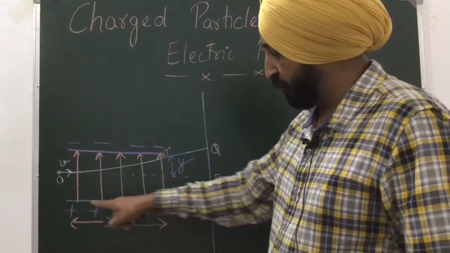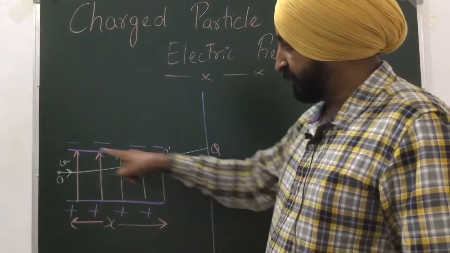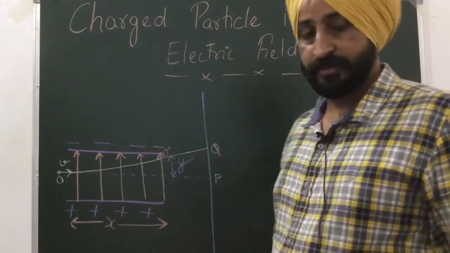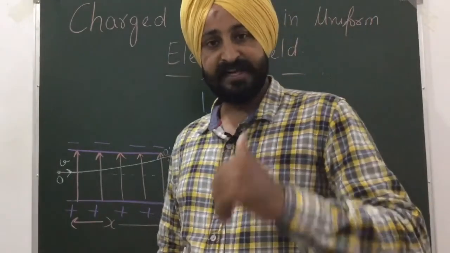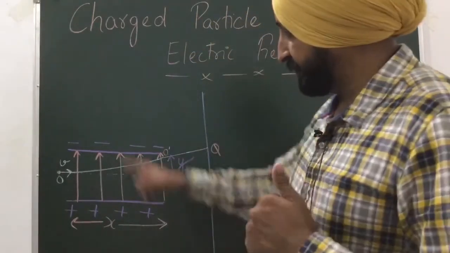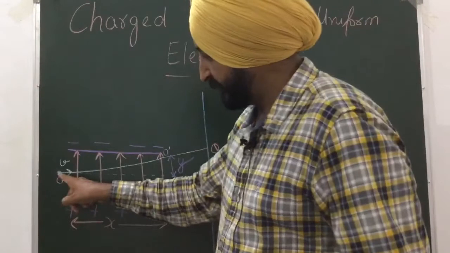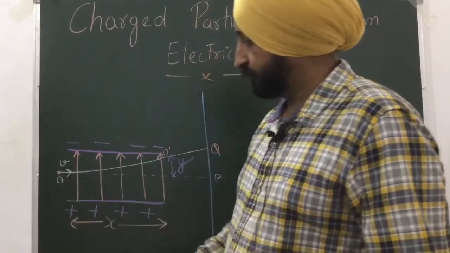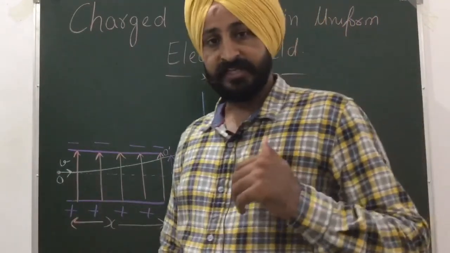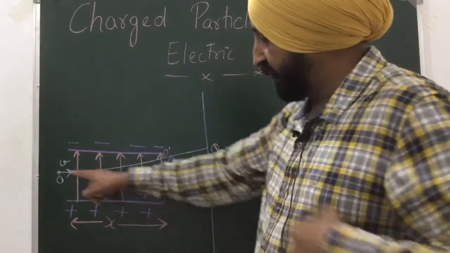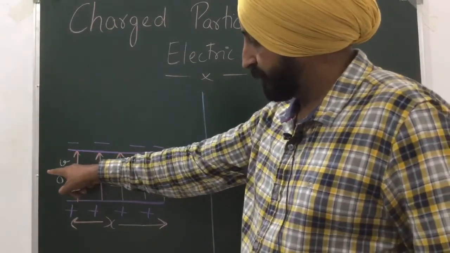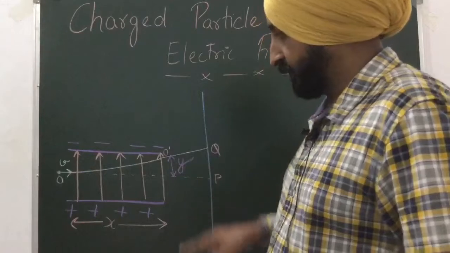Here the plate below is positively charged and the plate above is negatively charged, and the particle that is going to move in this electric field is lying over here at point O. Initially the charged particle is moving with velocity v in the horizontal direction.